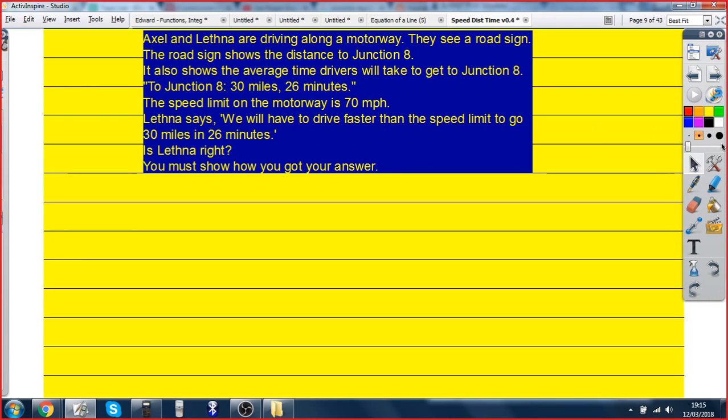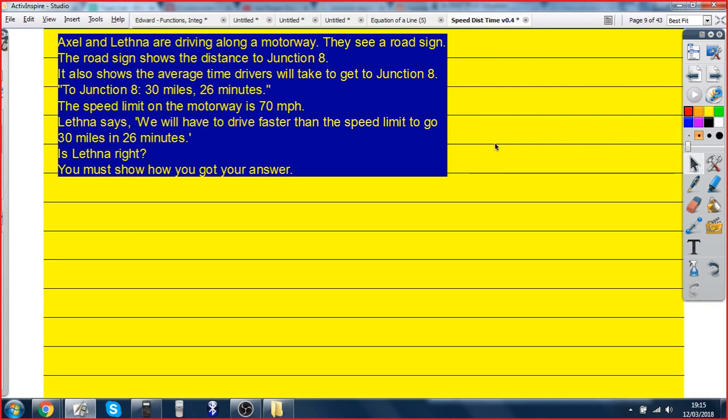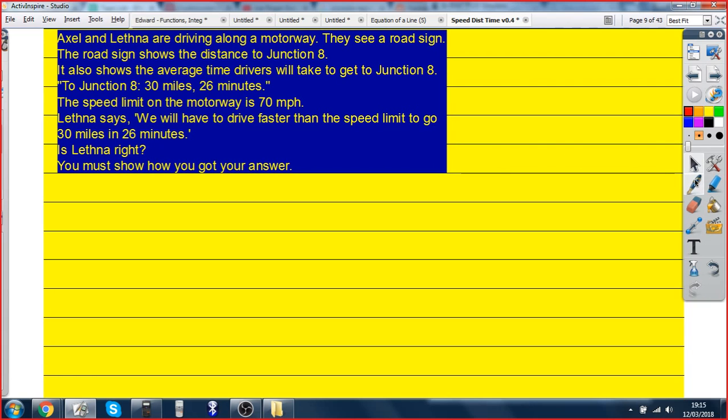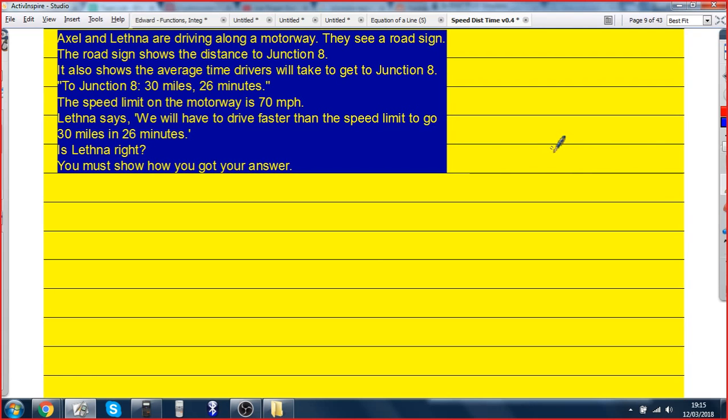Okay, so you know that triangle is the distance at the top and then speed and time.